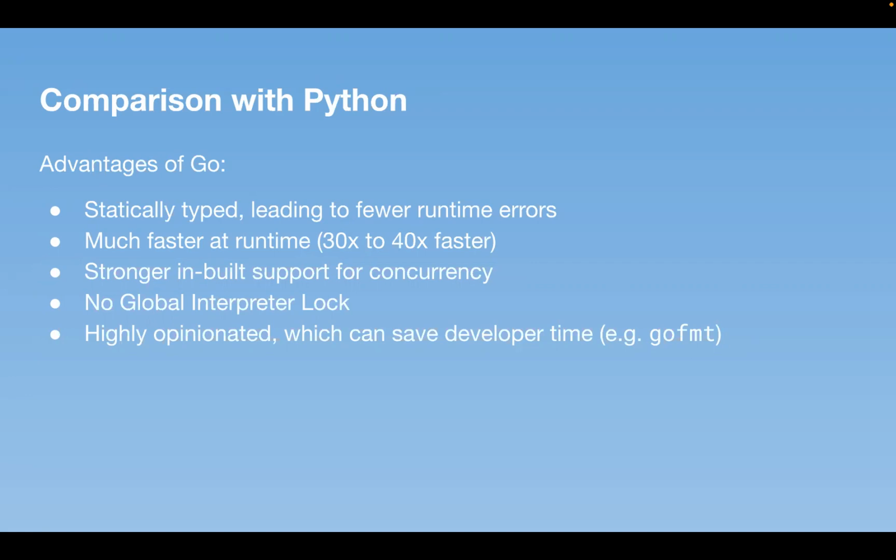So only one thread at a time can run at the same time. With Go, on the other hand, you can spread your work across multiple cores, which is definitely an advantage in terms of speed.